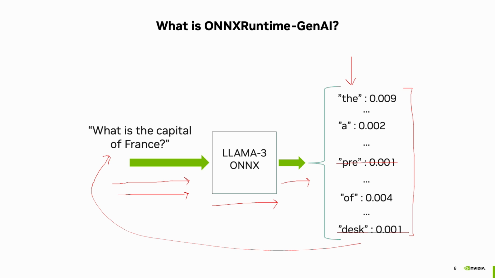And the idea of ONNX Runtime-GenAI is that it uses ONNX Runtime in this way to inference the LLM at its core, but all of this wrapper code is handled for you through this library.